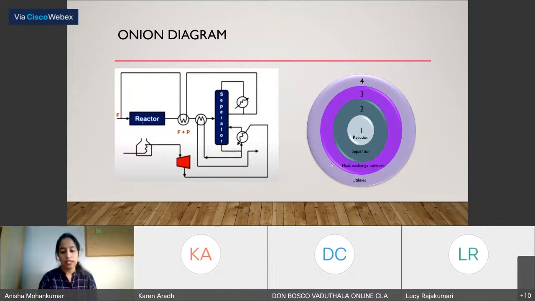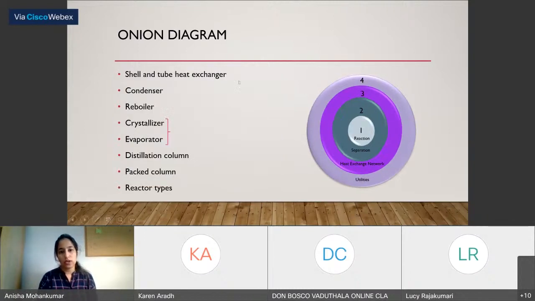We can design a shell and tube heat exchanger. As I said, the shell and tube heat exchanger is a kind of heat exchanger. There are several different kinds of heat exchangers available, but this is a very basic one and it's the most important one in the chemical industry. It falls under heat exchange networks.